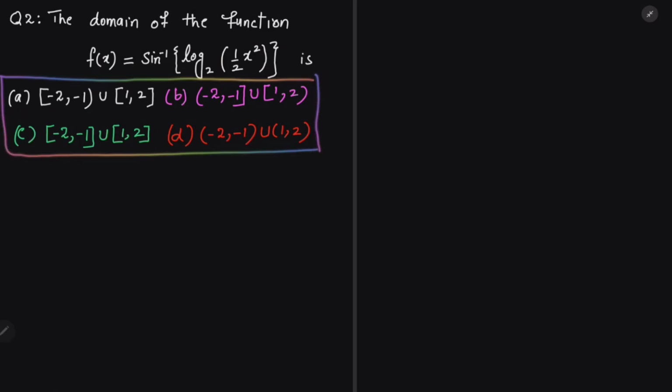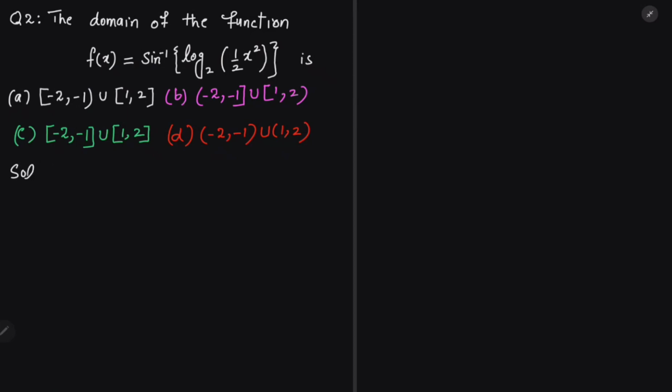So what we do, we first try to solve this f of x. In order for the function to have some well-defined value, this input, log base 2 of half x square, must be between minus 1 and 1, and the endpoints are included.